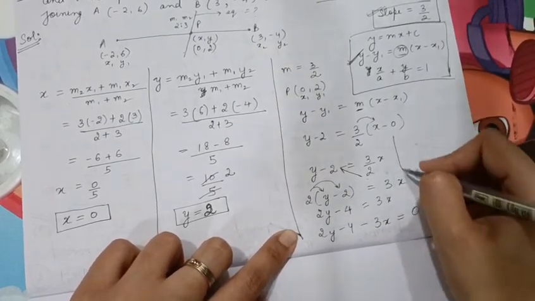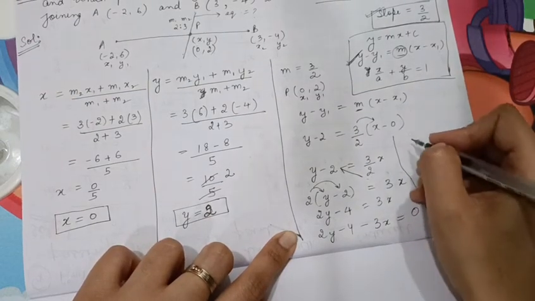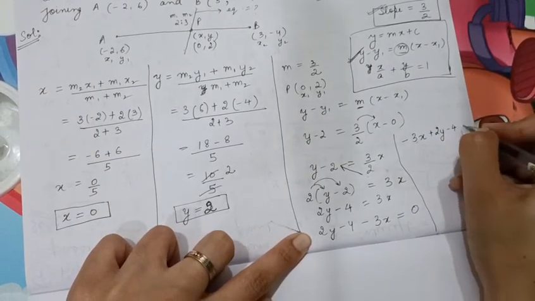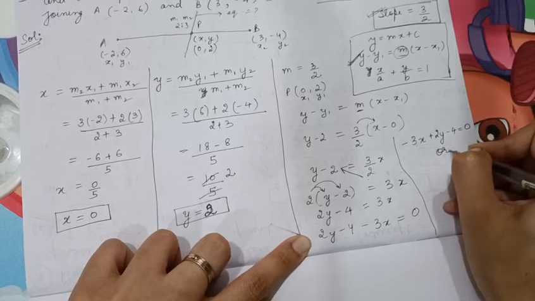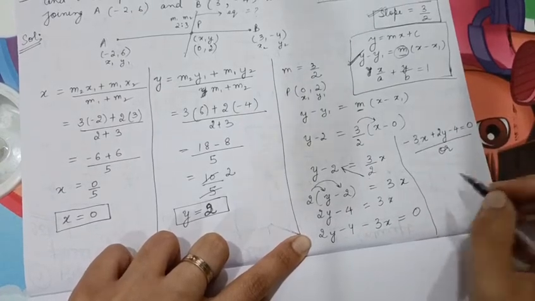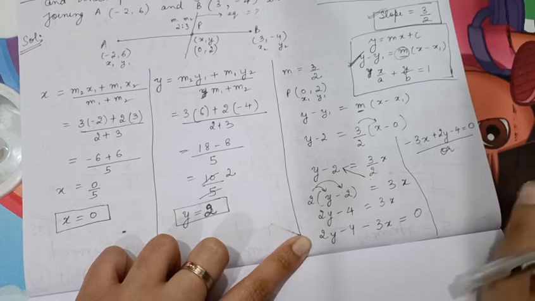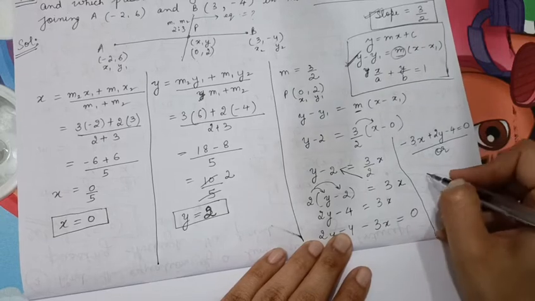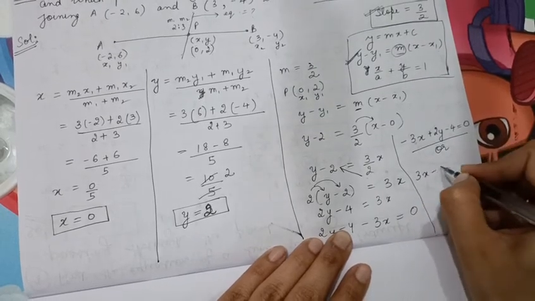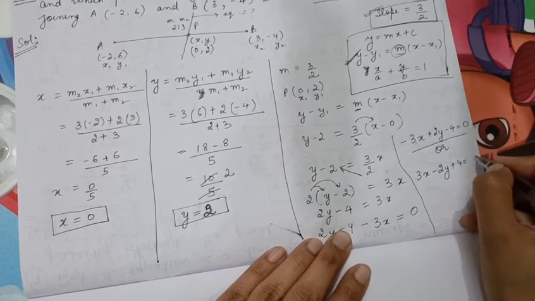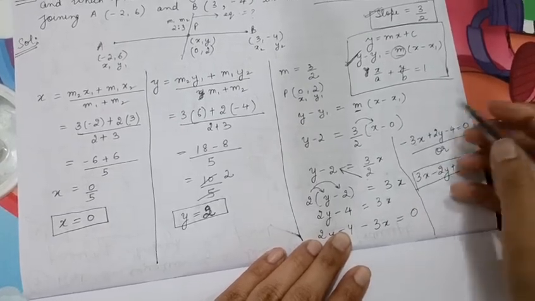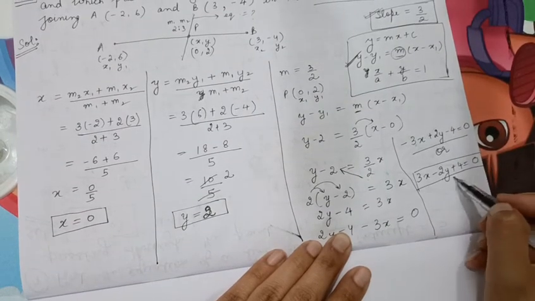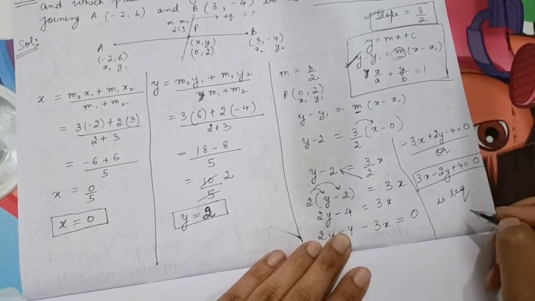Let's write the x first: minus 3x plus 2y minus 4 equals 0. You can leave the equation here or multiply the entire equation by minus, as I have told you earlier. Then the equation becomes 3x minus 2y plus 4 is equal to 0, because all the negative terms change to positive and positive to negative. So 3x minus 2y plus 4 equals 0 is the required equation of the line.